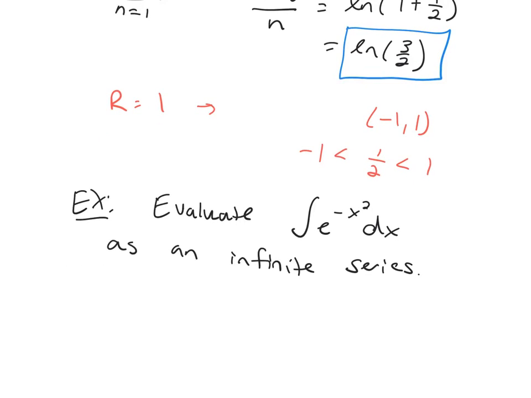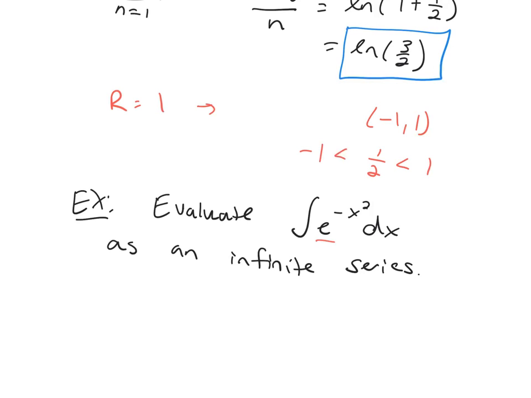So for this, if I'm going to compute this integral, I need to write this function, e to the negative x squared, as a power series. If you look at our list of Maclaurin series, e to the negative x squared is not going to be on that list.